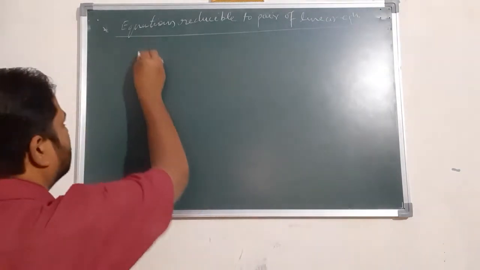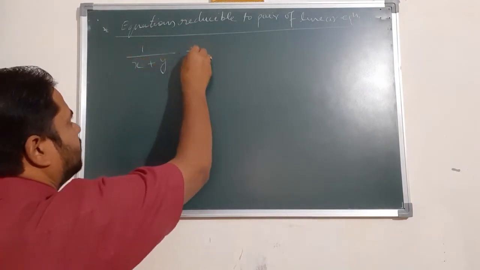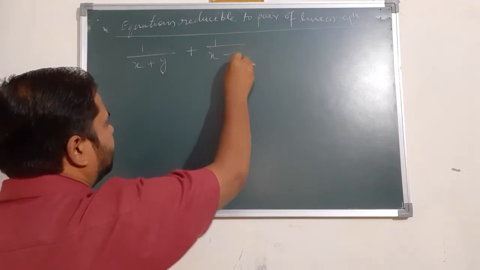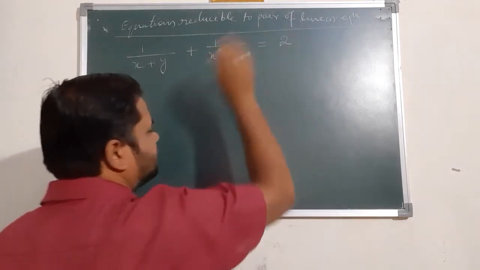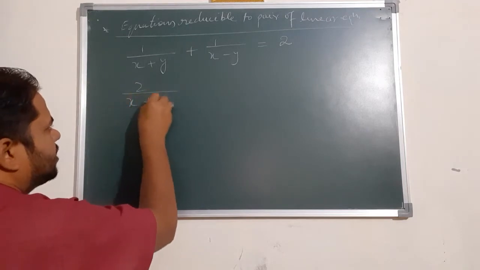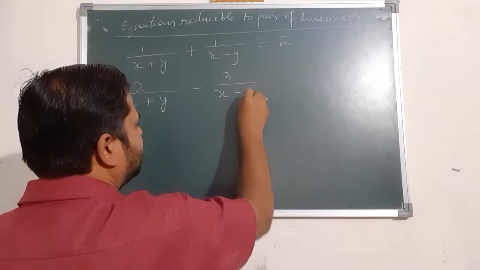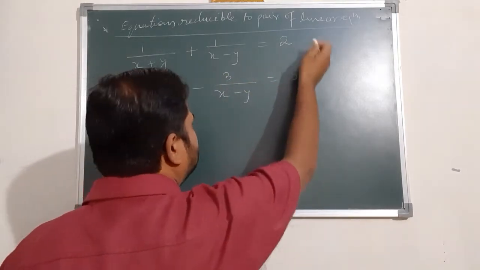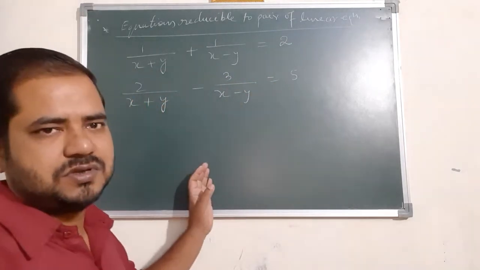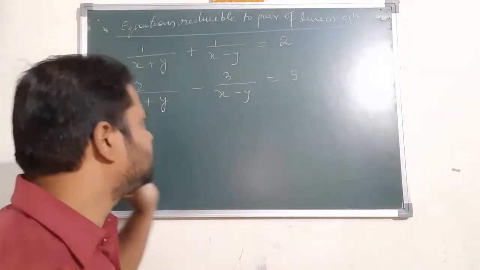Suppose 1 upon x plus y plus 1 upon x minus y is equal to 2. Similarly, 2 upon x plus y minus 3 upon x minus y is equal to 5. This is not looking like a pair of linear equations, so we substitute.